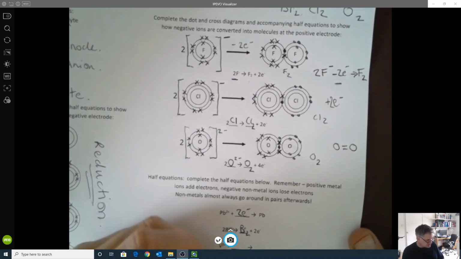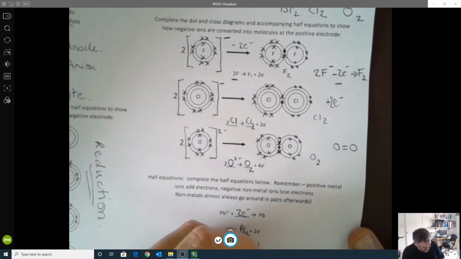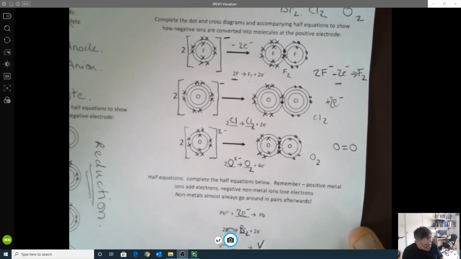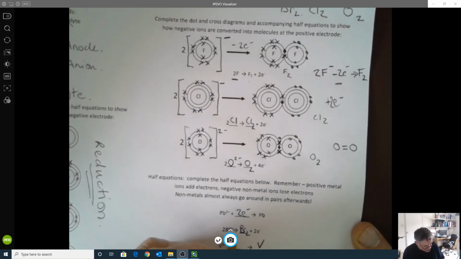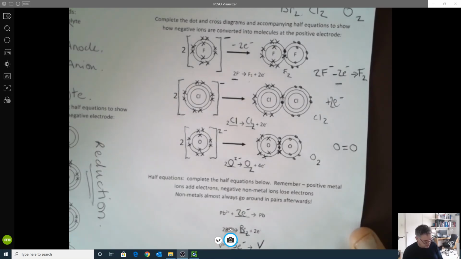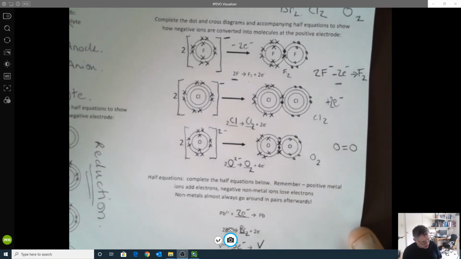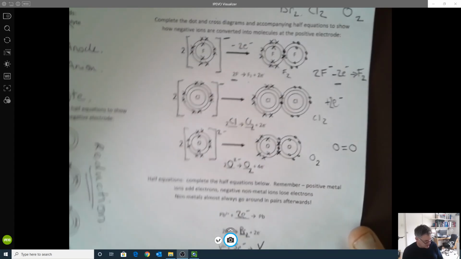V5 plus, this is vanadium metal, it's going to give vanadium metal. This is a vanadium ion, and it's got a 5 plus charge, so it's got to gain 5 electrons. Plus 5e minus goes to give vanadium. This is manganese, and it gains 4 electrons, so it's got to be Mn4 plus 4 electrons goes to give manganese.